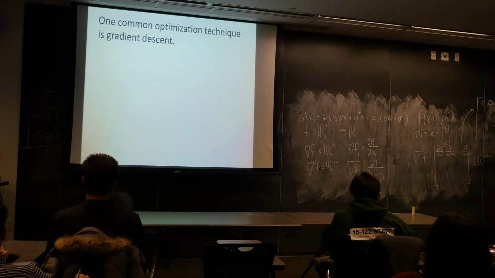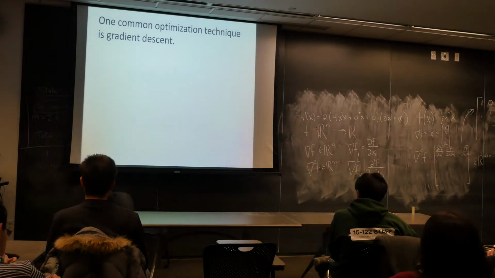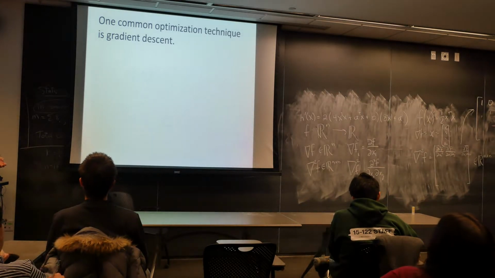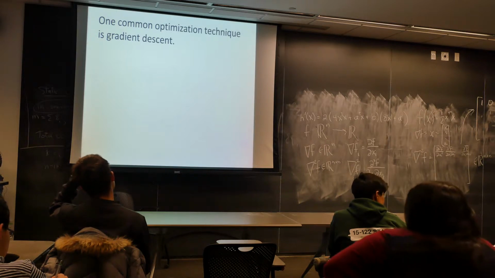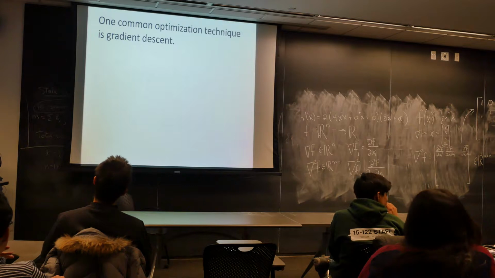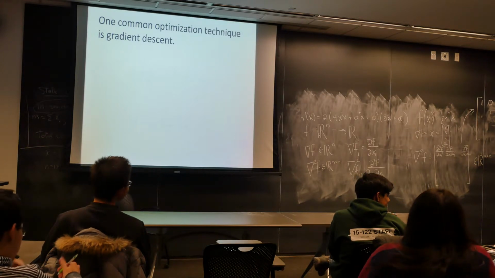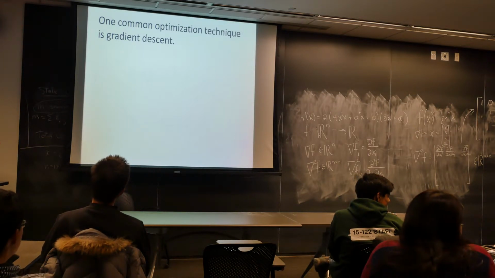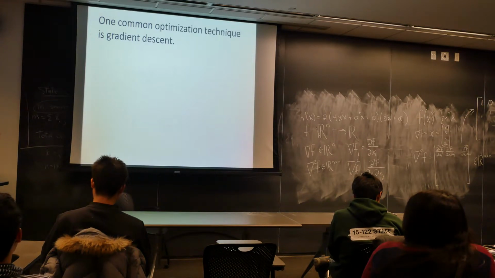One common optimization technique is gradient descent. As you might guess, it has something to do with the gradient. Who here has heard of gradient descent or used it before? Okay, most people. All right, you're good. As you already know, and if you don't know, you can guess, it has something to do with the gradient.